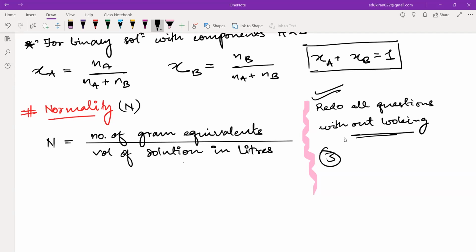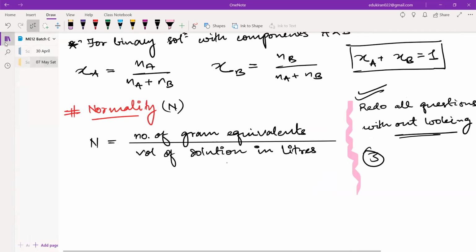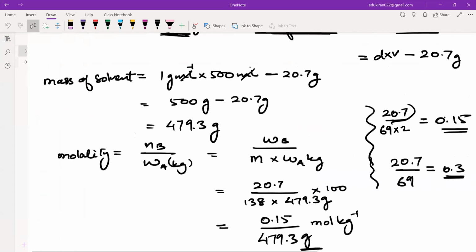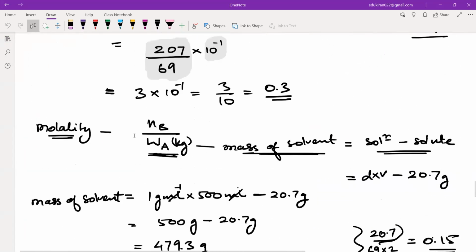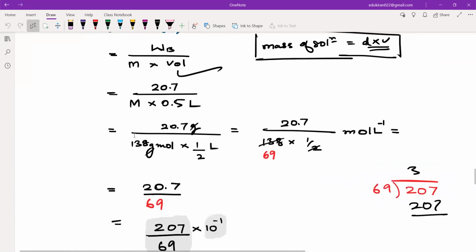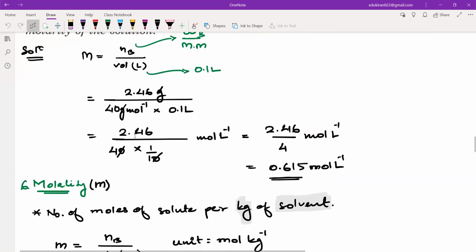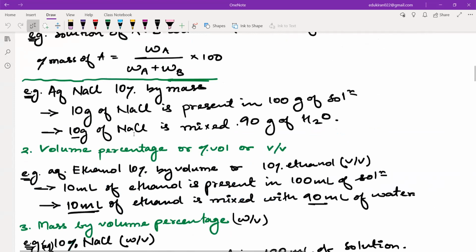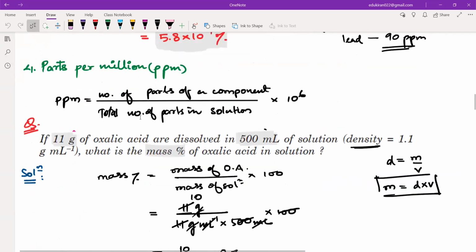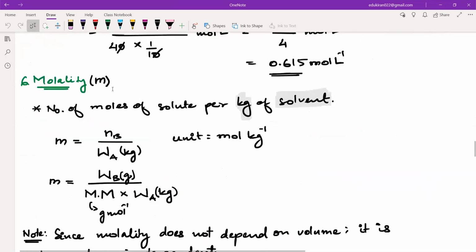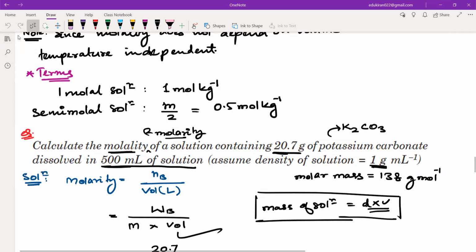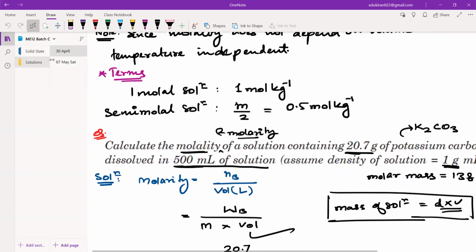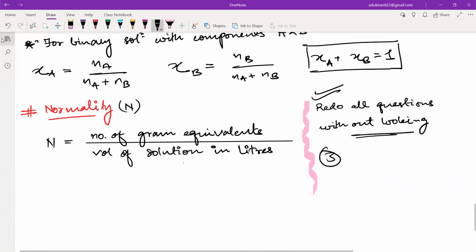So in our class, we have already done 3 questions today, and in the last class we did 4 questions. So 7 questions, and after the last class your assignment had 3 questions, so we have done 10 questions till now. We have just finished 2 classes.